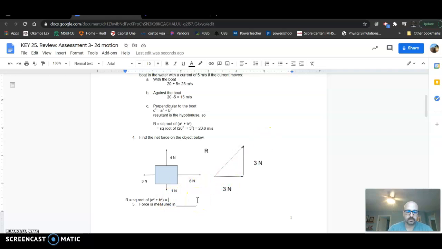So the square root of 3 squared plus 3 squared again, which some people were doing as 6 squared, and that is not the same. So what I would have is the square root of 9 plus 9, so the square root of 18, which I did some of these earlier, so it's 4.24 Newtons. And again, just like always, we want to make sure we're including units in our answer.